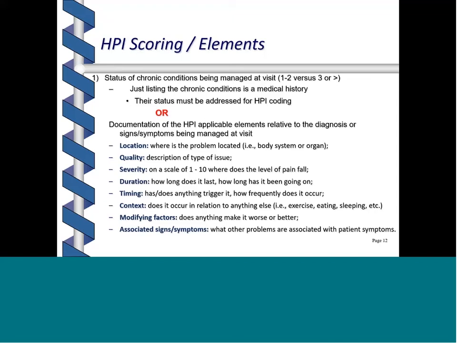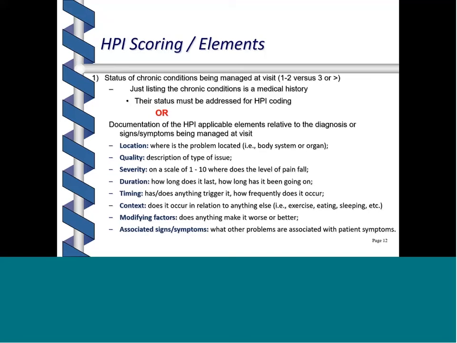So if you're managing their COPD and you're managing their hypertension at this visit, and we're going to look and manage again their hyperlipidemia, part of the scoring for that on your HPI element is going to be the status.